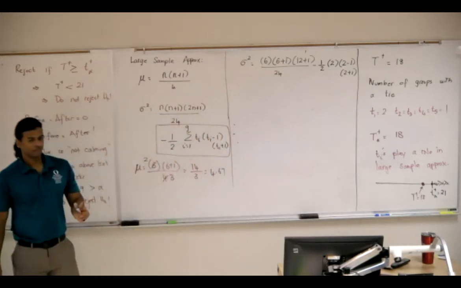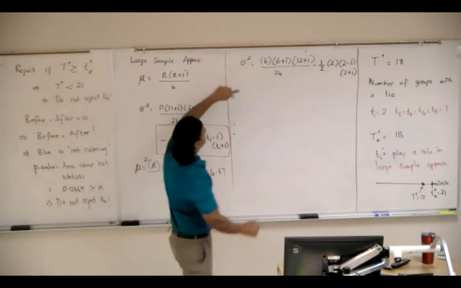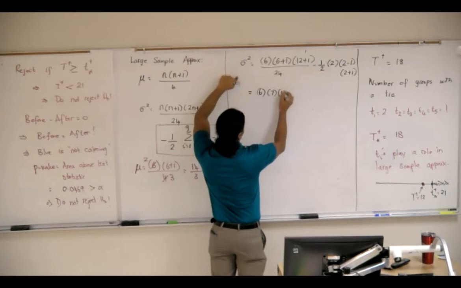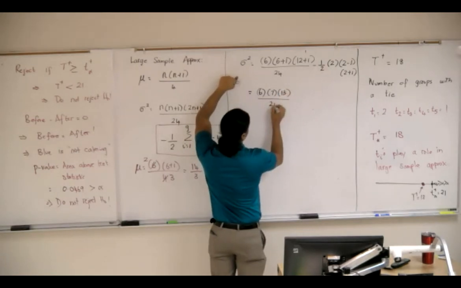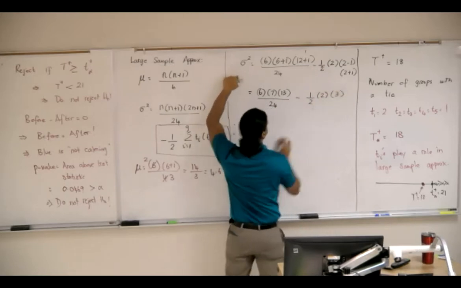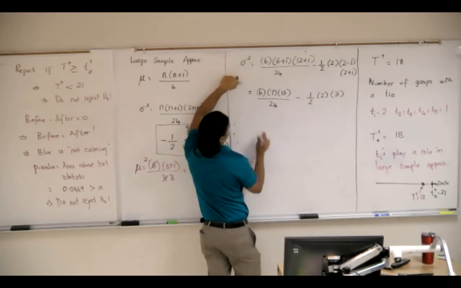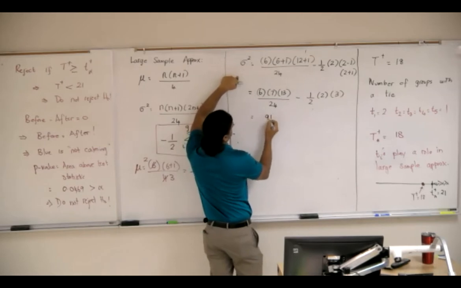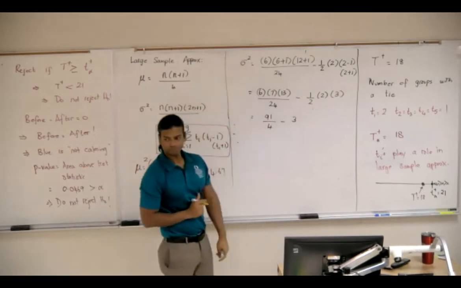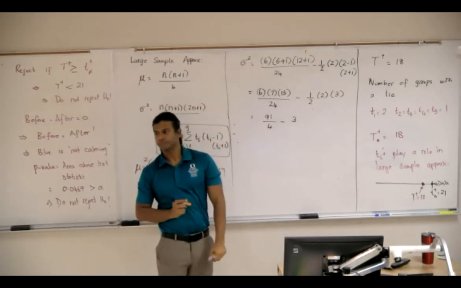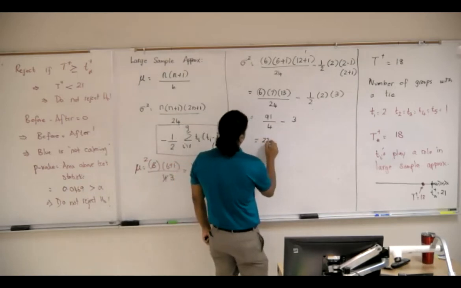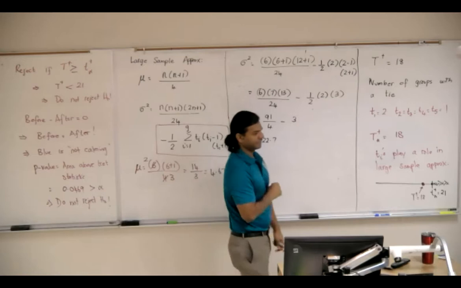Yes? So let's see. 6 times 7 times 13 over 24, minus 1/2 times 2 times 3. 91 over 4 minus 3. Yes? 22.75.